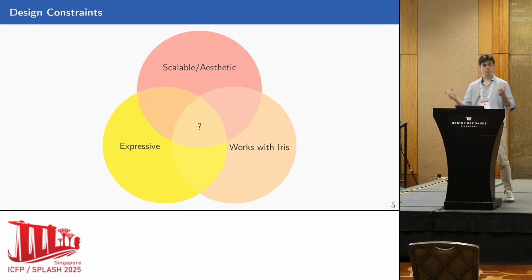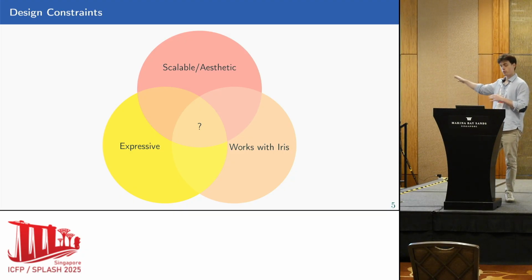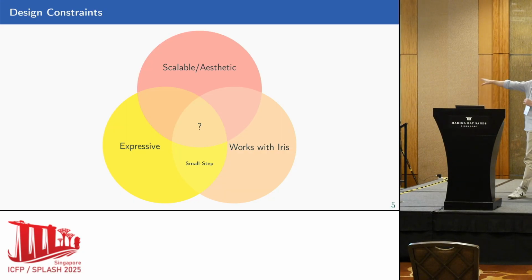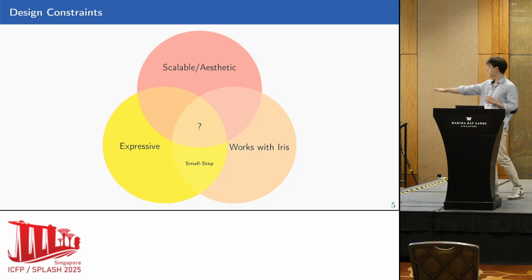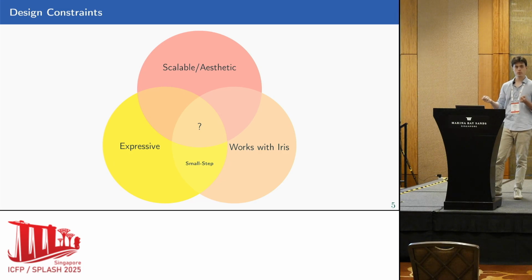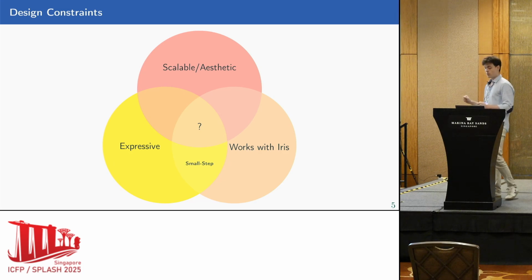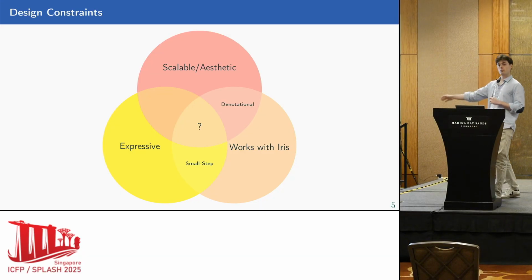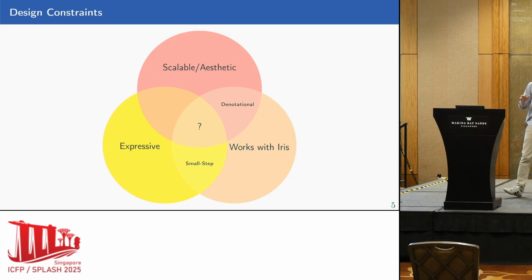Maybe to illustrate where some traditional styles would fall on this graph. In my mind, something like small step semantics would fall at the bottom here. They're expressive enough to express all of the things we want. This is a typical Iris style. More recently, we've seen a more denotational approach with things like I-trees.